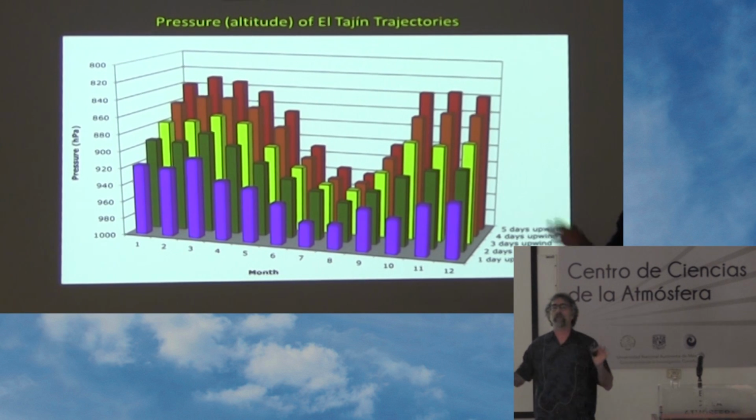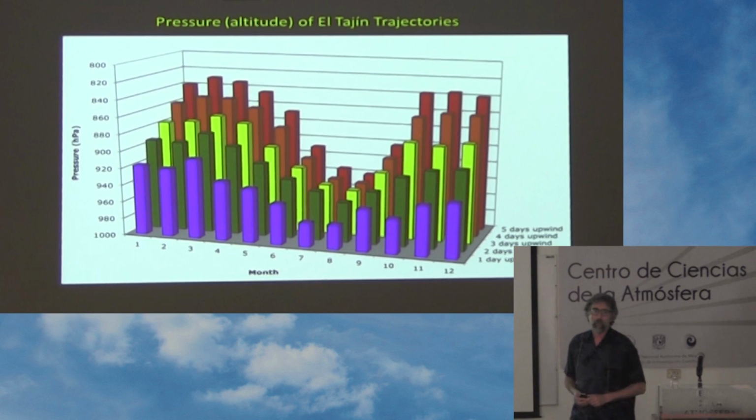So it's in the boundary layer, the capa limite, exclusively. So that means that there is a very good likelihood that pollution sources, which are almost entirely located at ground level, can contribute to the contaminants that are measured in Veracruz.